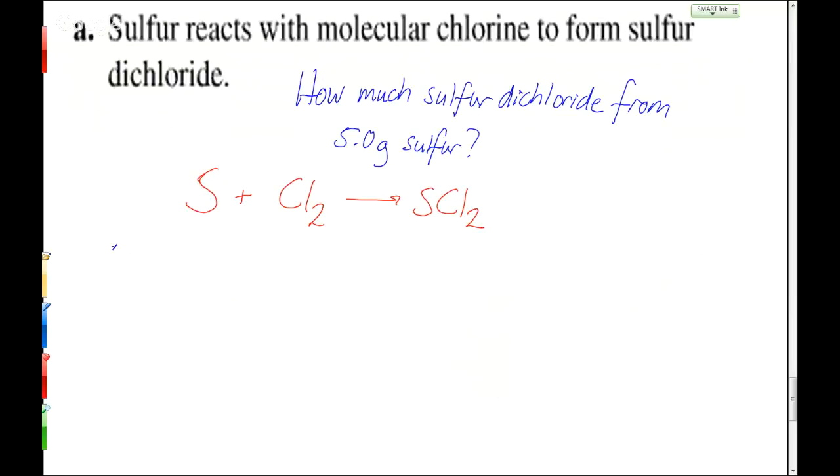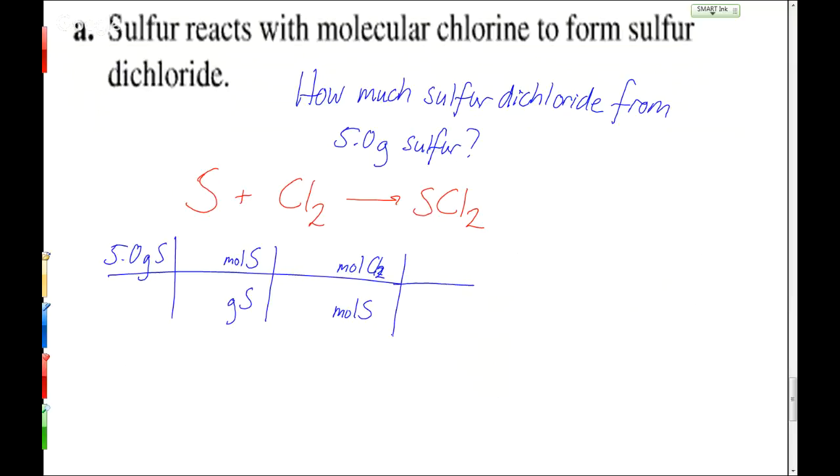So we start with 5 grams of sulfur. Set up our calculation from grams of sulfur to moles of sulfur. From moles of sulfur to moles of chlorine, which this step we can actually skip in this one because it's 1-to-1, but might as well write it out just because it's always the same.